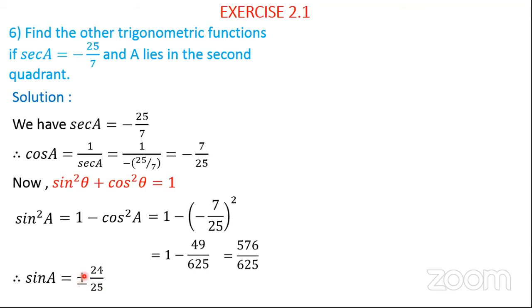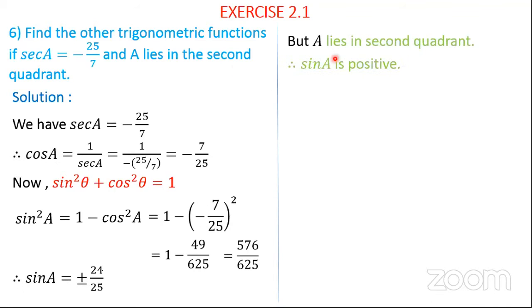Again we have to decide which value to take for sin A, plus 24 by 25 or minus 24 by 25. That depends upon the information that A lies in the second quadrant. In the second quadrant, sine is positive.